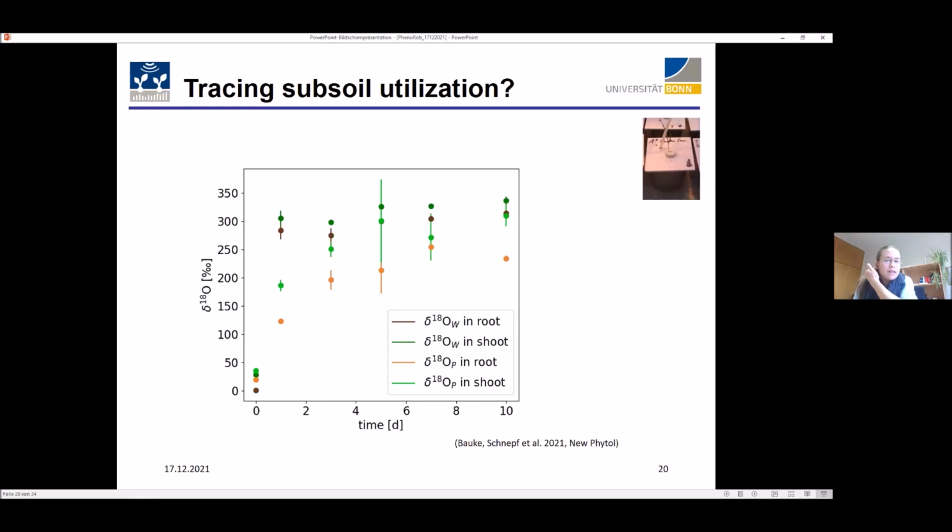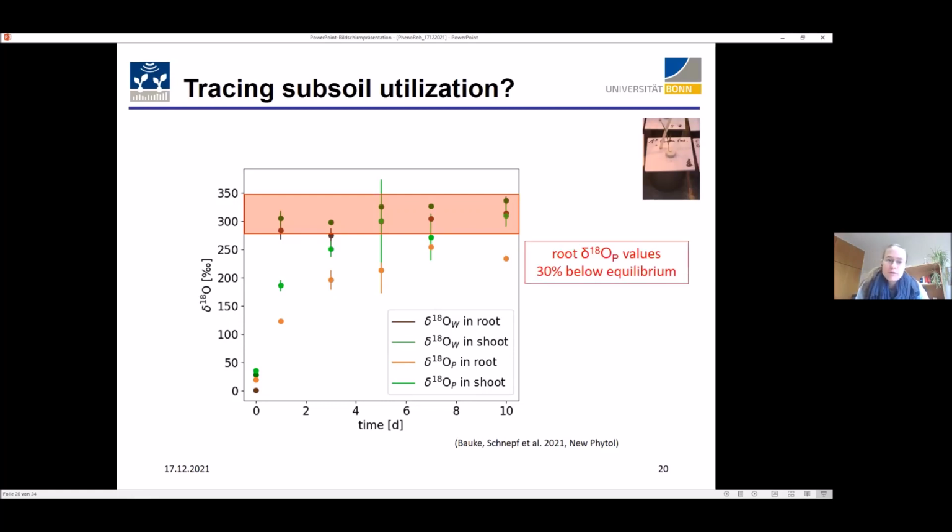If I now add the corresponding water values, we can again calculate the value that we would expect if the turnover has been complete. And you see that especially the values that we get from the shoot material, these green dots here, are mostly within the range of that equilibrium. So whatever phosphorus has been in the shoot or has been transported into the shoot is completely overprinted by the internal cycling of the plant.